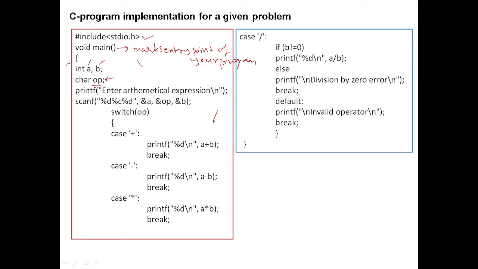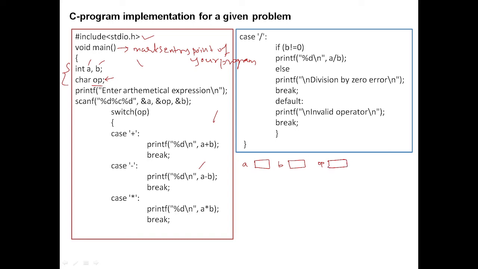When this declaration is completed, when these two statements are executed, what happens? Three variables will be created, so three memory locations will be created: one memory location for A, a second for B, and a third for OP.